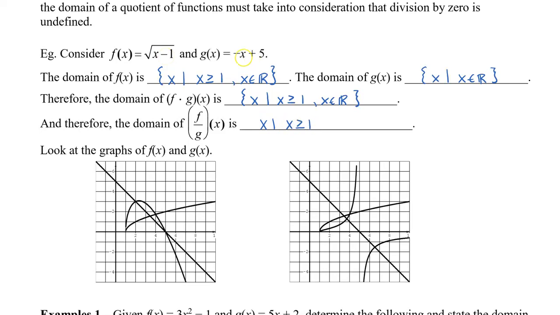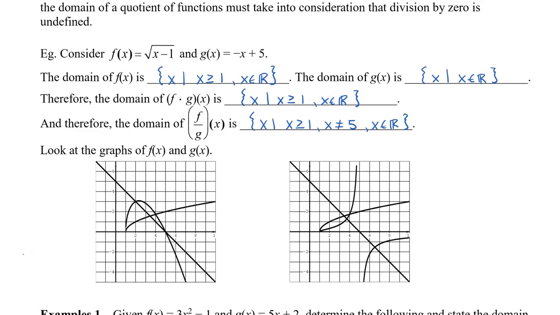But then in the denominator, we're going to have g(x), which is negative x plus 5. So therefore, x cannot equal 5, but it can represent all the other numbers that are greater than or equal to 1.